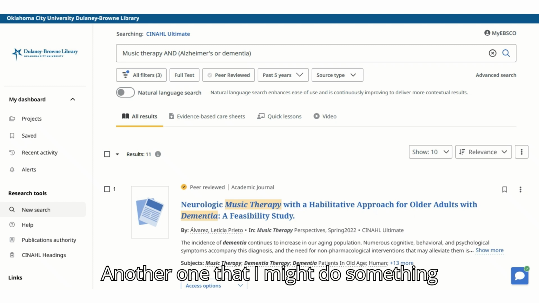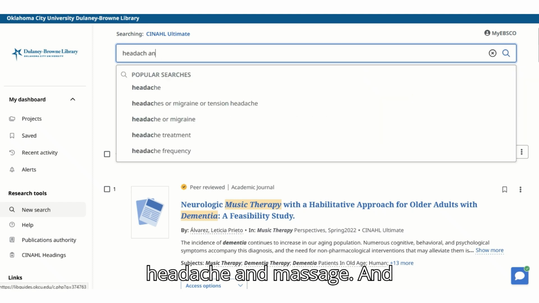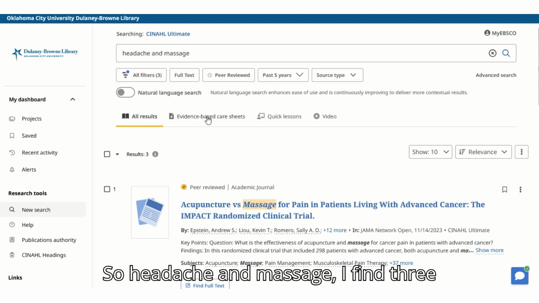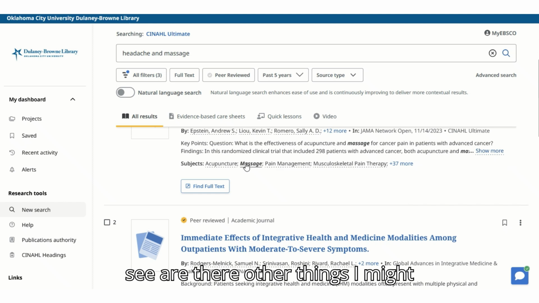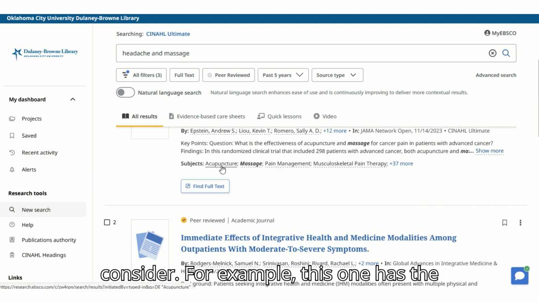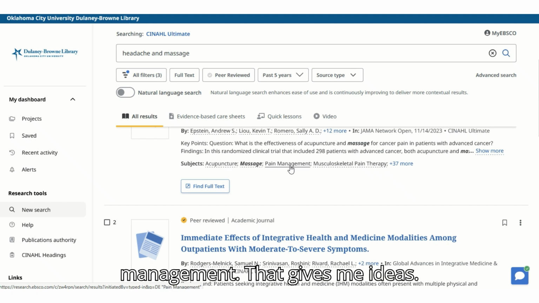Another one that I might do something similar with is if I were looking for headache and massage. So headache and massage, I find 3 articles. Then I can look at them and see, are there other things I might consider? For example, this one has the subject of acupuncture and pain management. That gives me ideas.